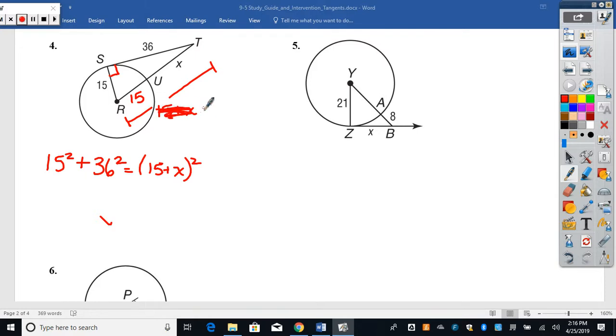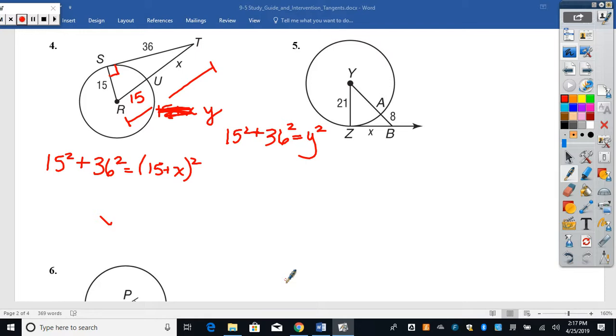I'm going to say that instead of using x, I'm going to solve it in terms of y. Because if I use that in terms of y, again, leg squared plus leg squared equals the hypotenuse squared. If I can solve that equation in terms of y, what are we going to do to get x?